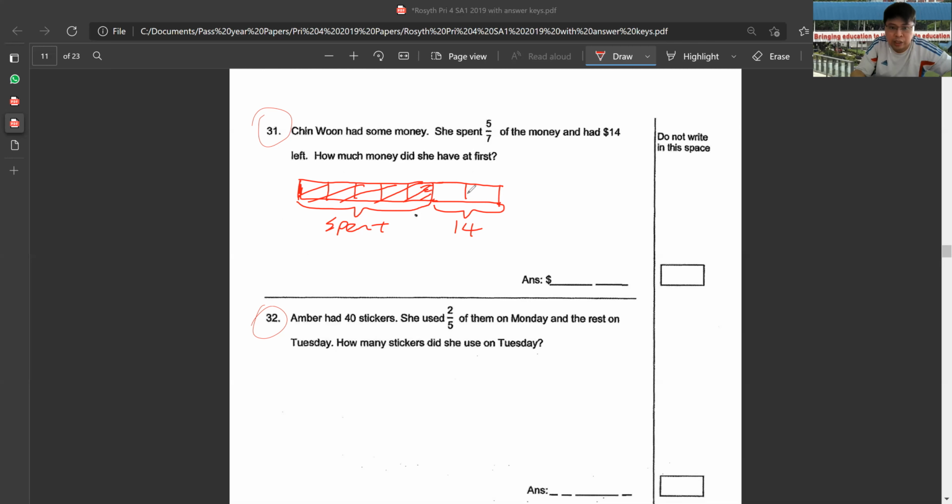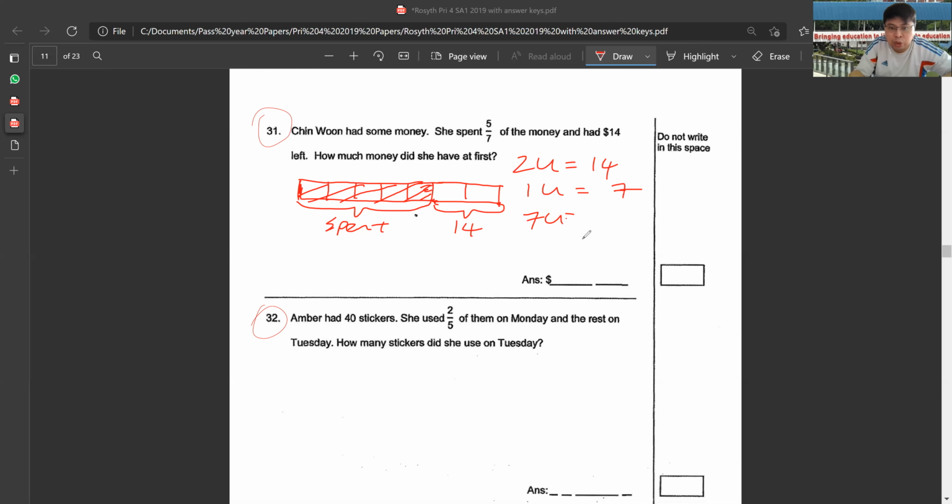You tell me how many units represent 14? 2 units. 2 units represent 14. So 1 unit is? 1 unit is 7. How many units am I looking at? At first is how many units? 7 units.